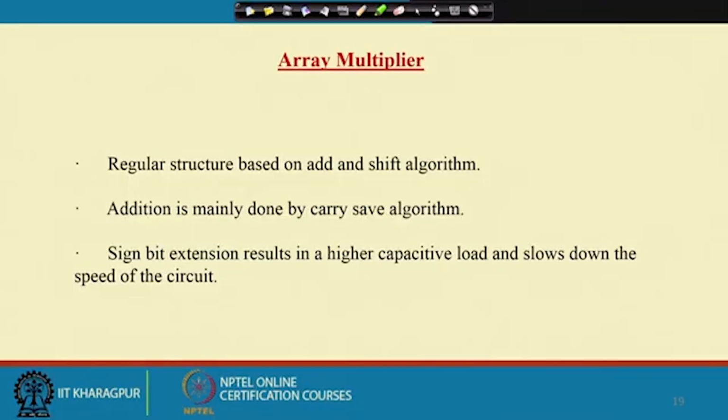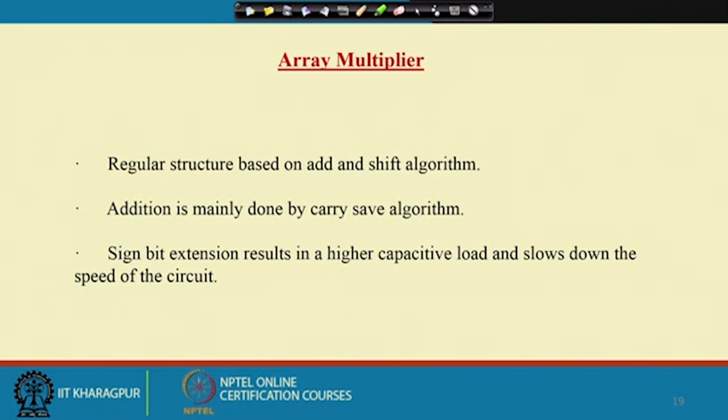So, what have we learned? Serial multiplication, then serial plus parallel multiplication, then shift and add based multiplication. In shift and add based multiplication, there are synchronous multiplication and asynchronous multiplication. Then there is array multiplication. Array multiplication is also a regular structure, which is based on the shift and add algorithm.